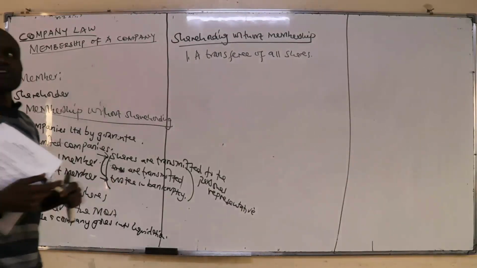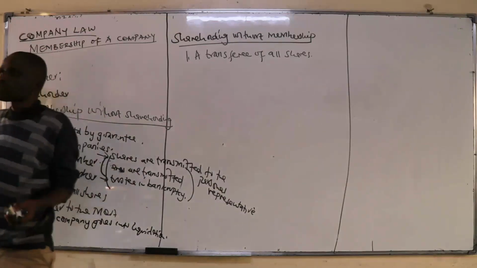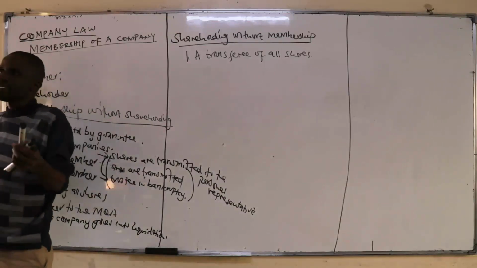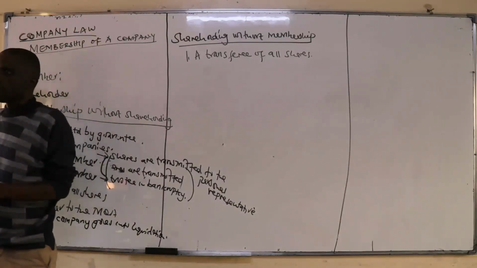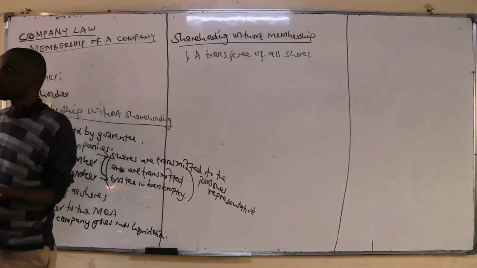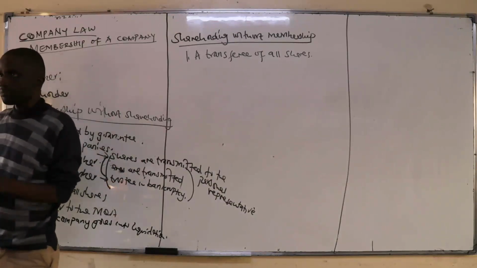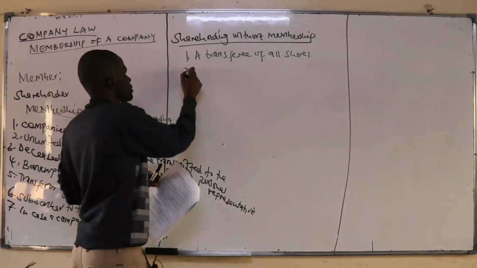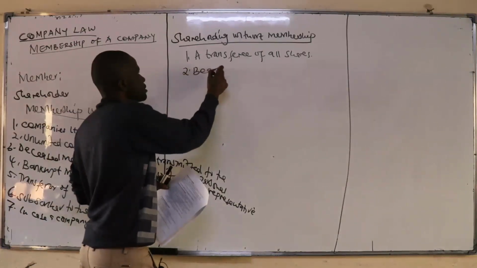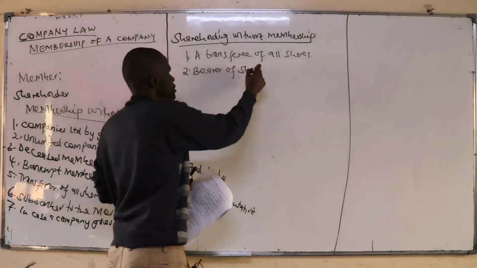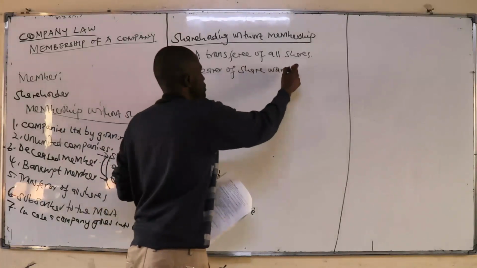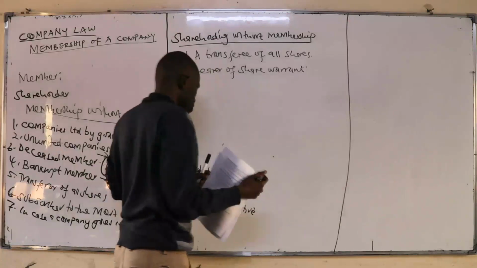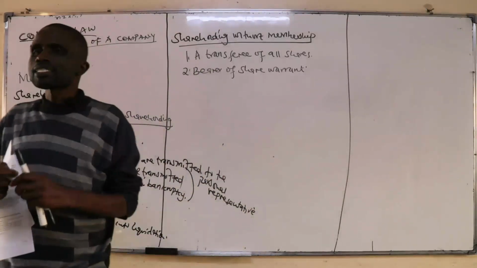You have transferred all your shares from a company, so you don't have any shares, but your name is still in the register of members. Are you together? And two, the bearer of a share warrant. And what does that mean?